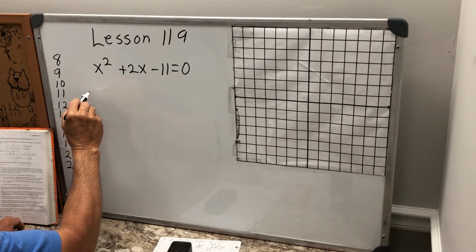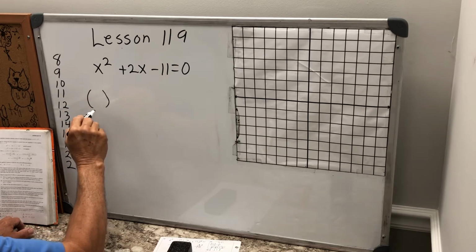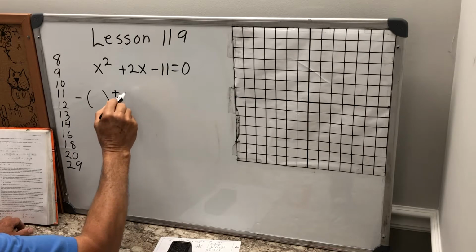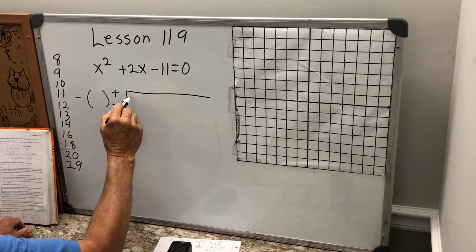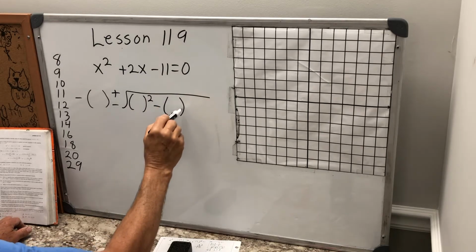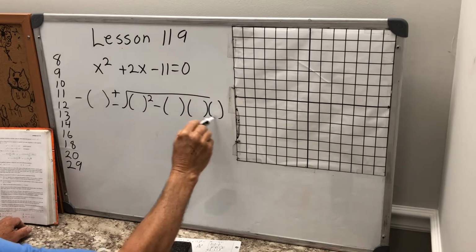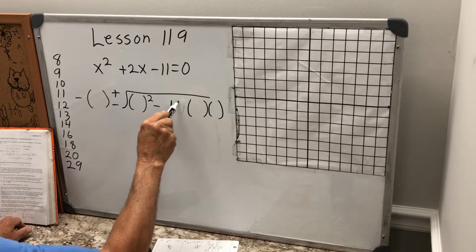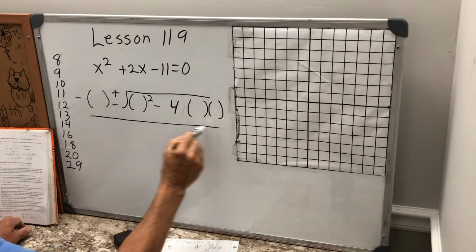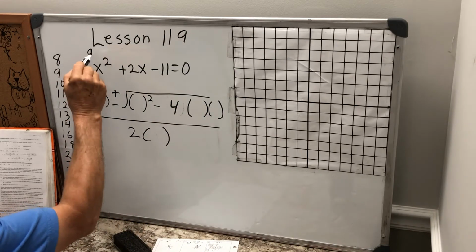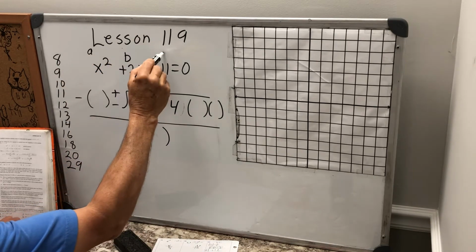Negative b plus or minus square root of b squared minus 4ac, over 2a. Sorry, I don't need this. This is already solved for us. And this is A and B and C.